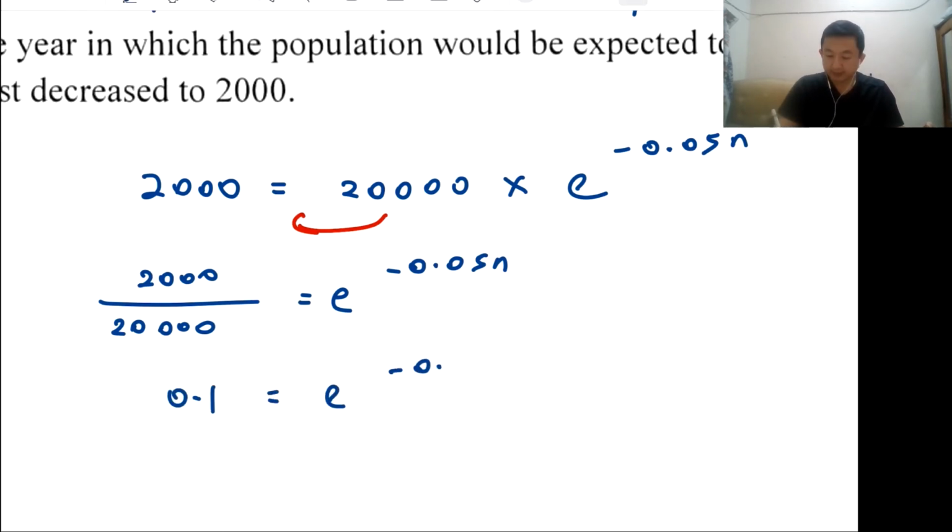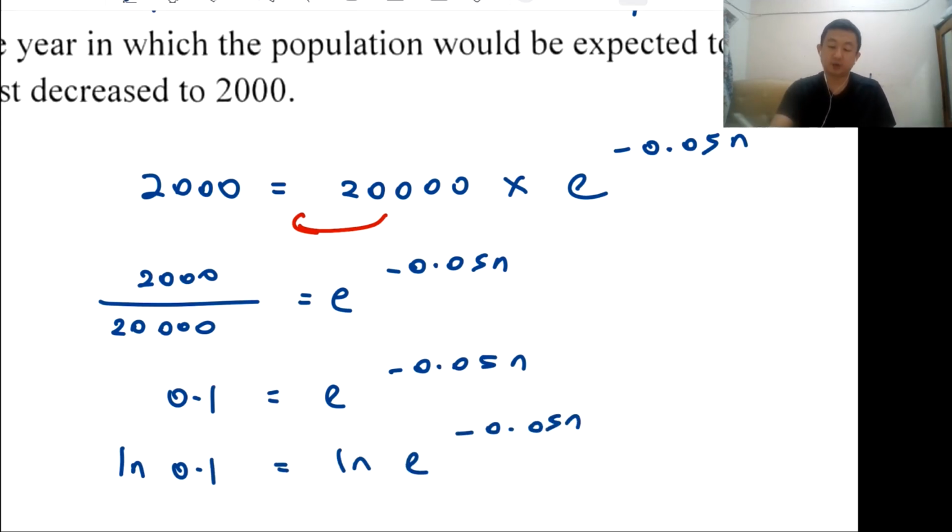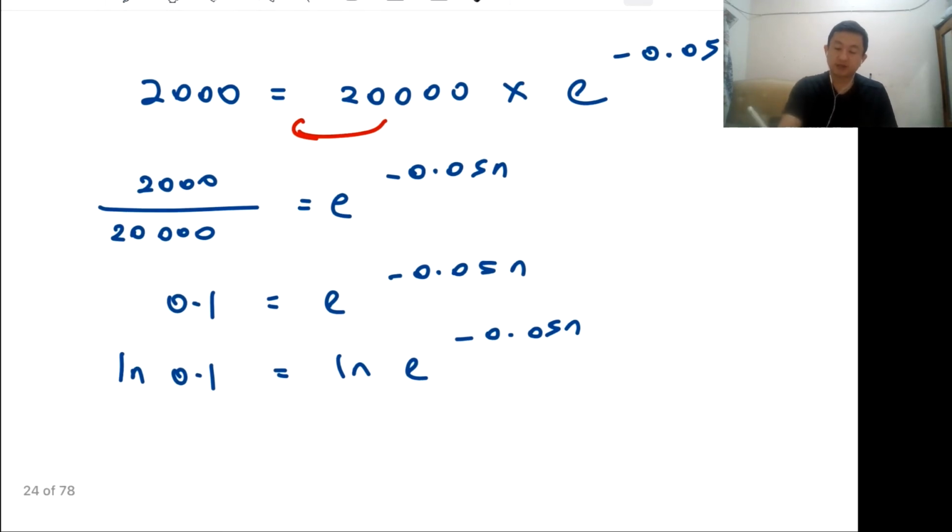Again, you want to find the unknown. The unknown is part of the power. To bring it down, you have to put a log on both sides. Since there's an e exponential, you can only go for ln. So ln 0.1 equals ln e to the power of negative 0.05n. Ln e is 1.